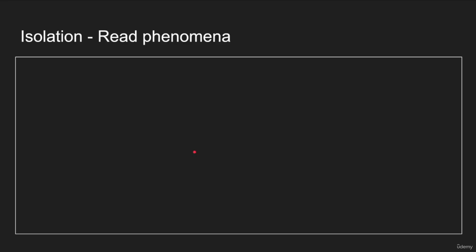So let's talk about isolation read phenomena. What are these read phenomena? The first one is called a dirty read, and we're going to talk about them in detail with an example. Essentially, a dirty read is when you, as an in-flight transaction currently running, read something that some other transaction has written but didn't really commit yet.